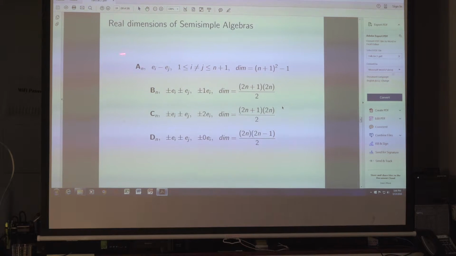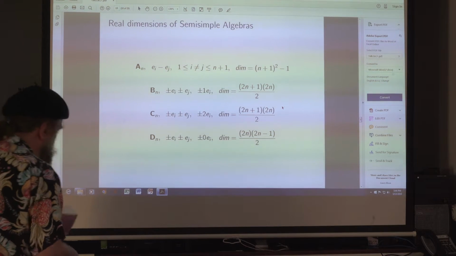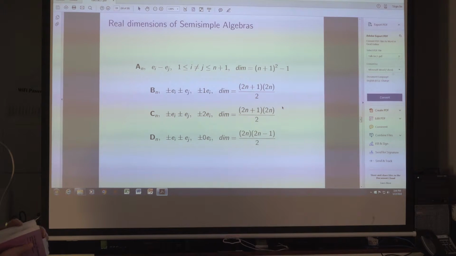Okay. Now the real dimensions of simple Lie algebras. Remember, I brought your attention to those pages at the beginning. If you look at your book, from pages 310 to 313, you have the root diagrams.